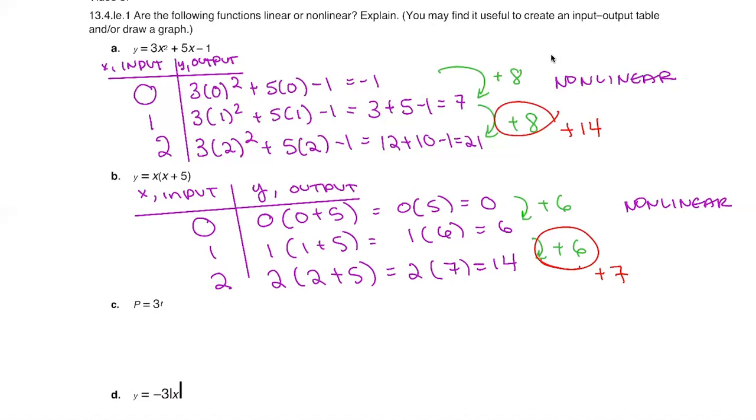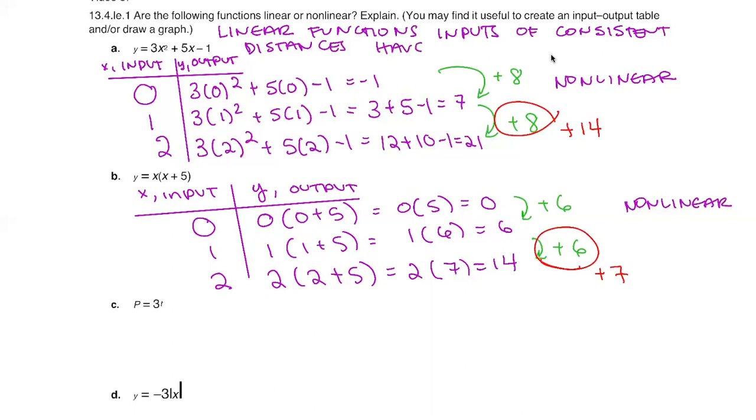Let me write that down. Linear functions: inputs of consistent distances have outputs of consistent, constant, similar, same distances.